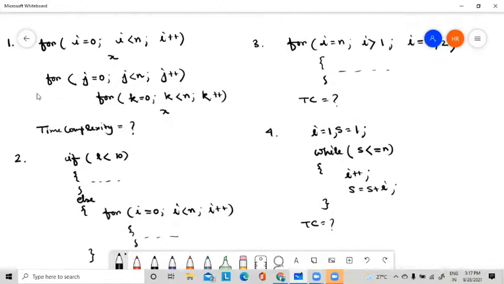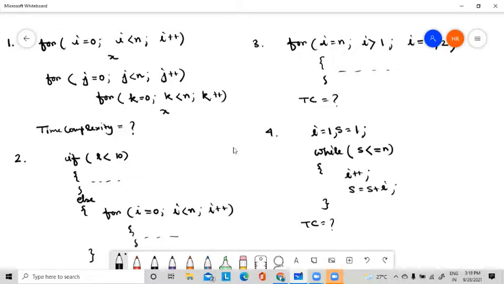So what you have to do in these problems, you have to check how the values are changing along with the iteration, how the value of i and j is changing, how many times the value of i and j is executing. So depending on that value, whether it depends on n or not, according to that you have to calculate or measure the time complexity.